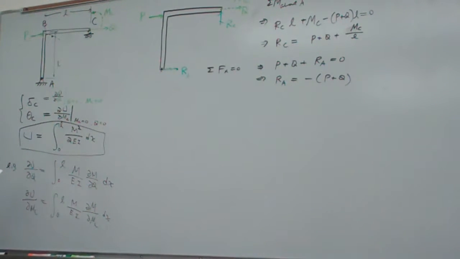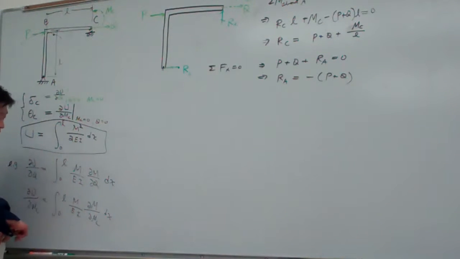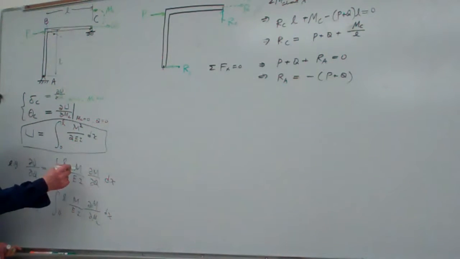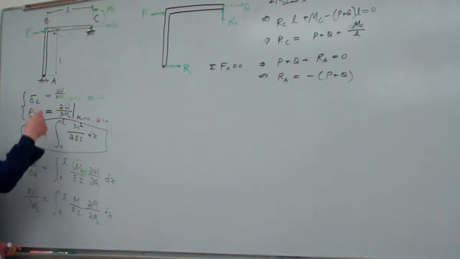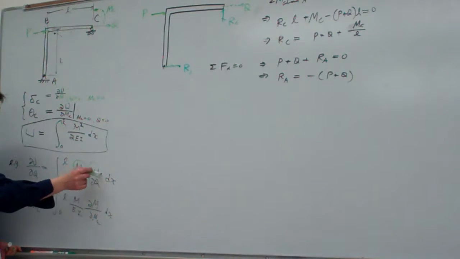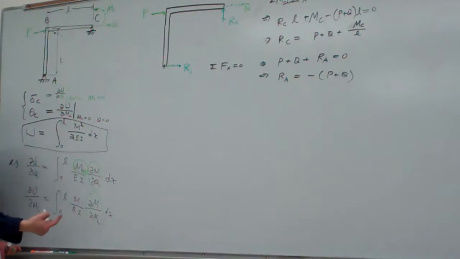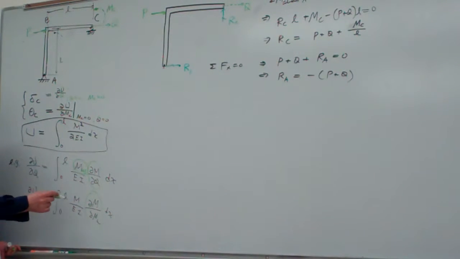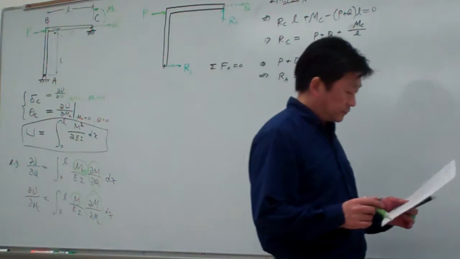Okay, so by all means, let me circle the information we need. We need the bending moment M of x in each portion, and we need the partial derivative of the moment with respect to each individual virtual load. So we get ready for each portion here.